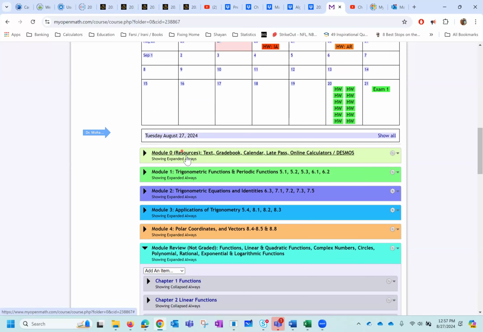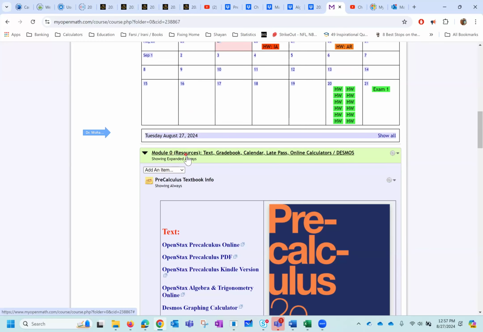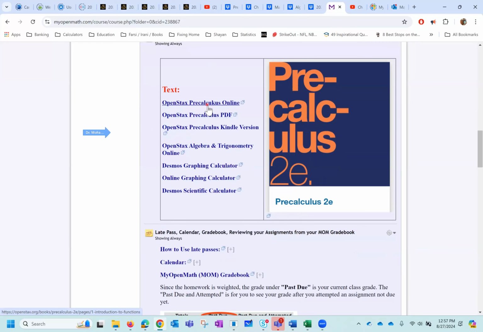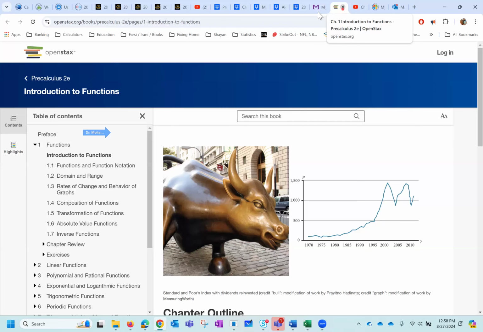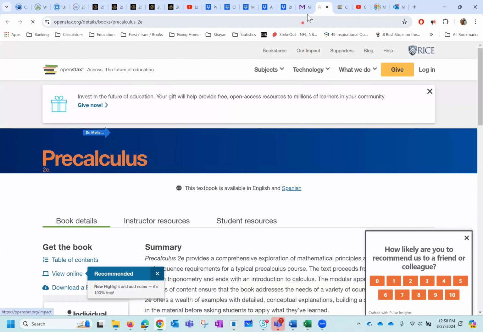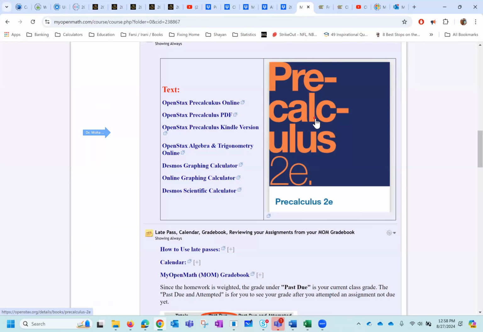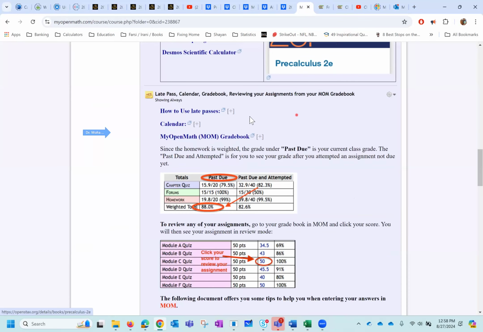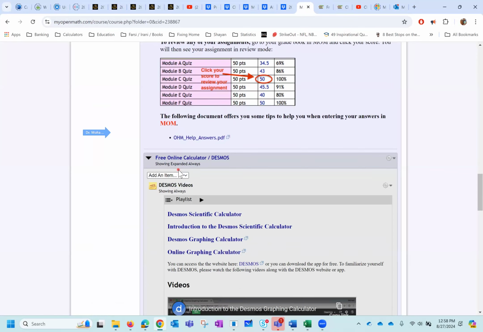As the name indicates, various resources. So when you go to this one, you can find the text, various parts of the text here, or if you click on this, which is mostly a reference, how to use a late pass calendar, and so on and so forth.